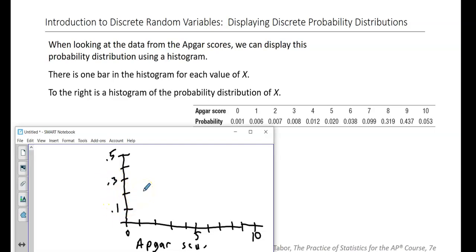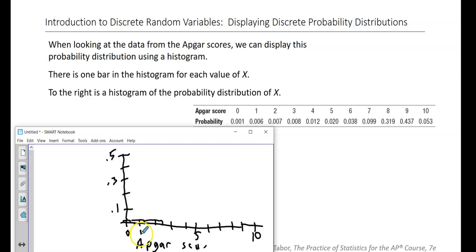Then you would draw these like a histogram here. So 0.001, it's going to be hard to draw, but it's just barely there. 0.006 again, barely there. 0.07, barely there. These are so small, it's almost impossible to draw.